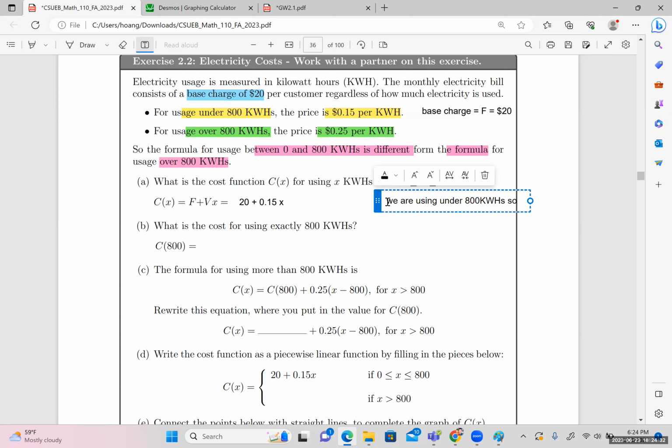So the price per kilowatt is $0.15. So that means V equal to 0.15. Right.